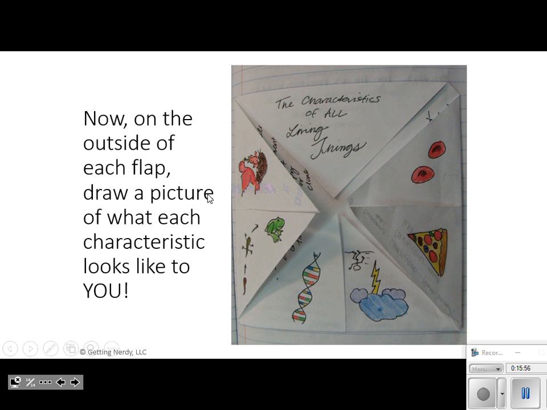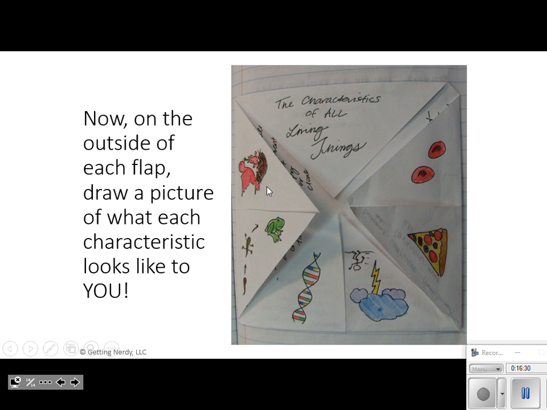It's a bird in a nest with the baby feeding it. What do you think that one is? How about reproduce? So what you need to do is draw on these flaps and color 6 pictures that remind you of what is under that flap.